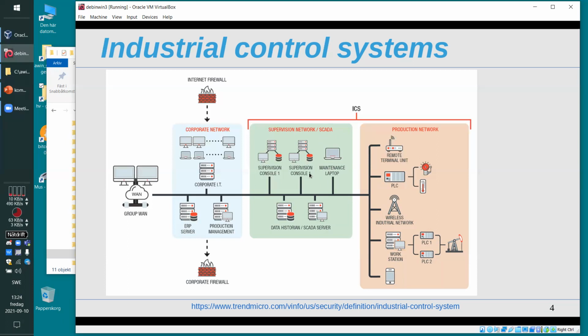And at the top, we also have business systems like ERP systems. That's enterprise resource planning systems, databases keeping track of parts, ordering systems, economics, all kinds of things at the top. And on the left side here, you typically will find normal computers and normal networks.